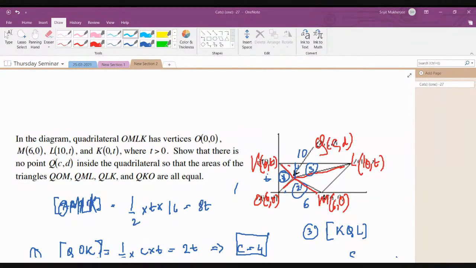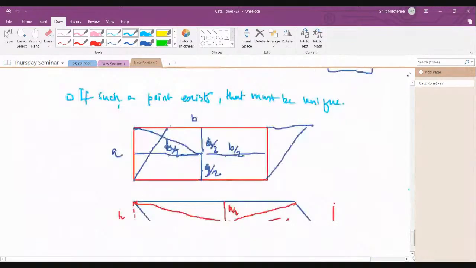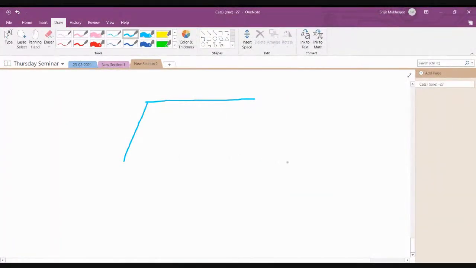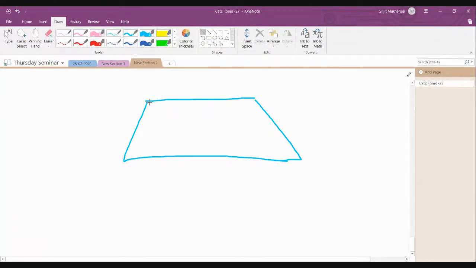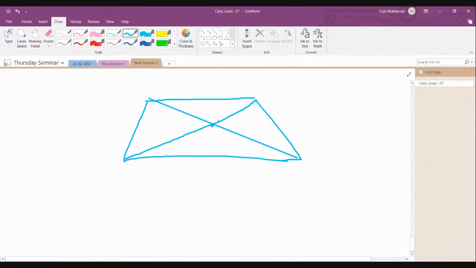I'm not sure about this. No, my claim is this, that see, in case of an isosceles trapezium also, the diagonals bisect each other. Let's see, or does it bisect each other? Let's see. No, the diagonals don't bisect each other.